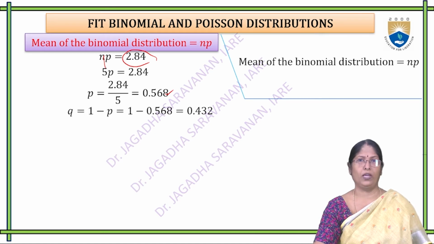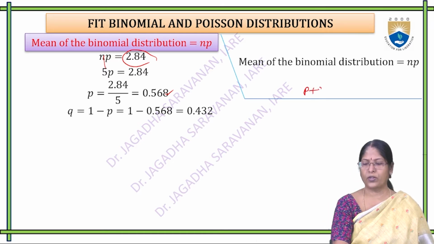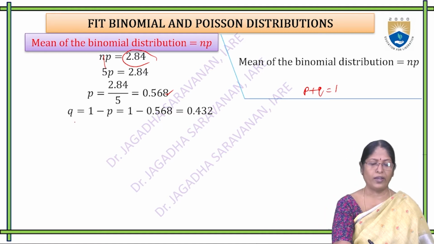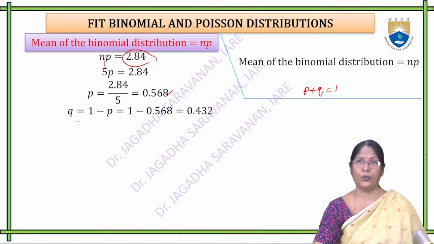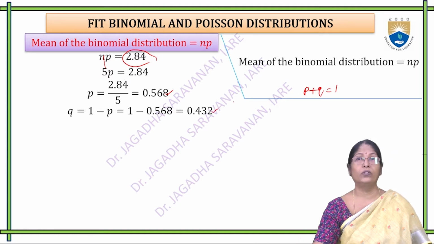If we know P, we can easily find Q, because probability of success plus probability of failure equals 1; the total probability is always 1. That is P plus Q equals 1. Using this, we find Q, which is 0.432.